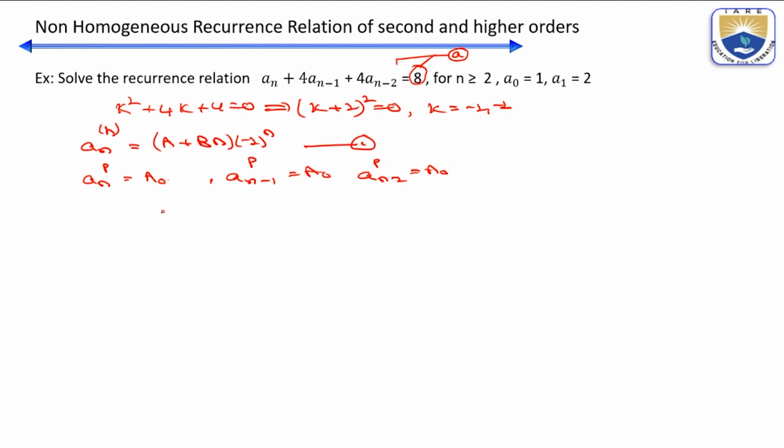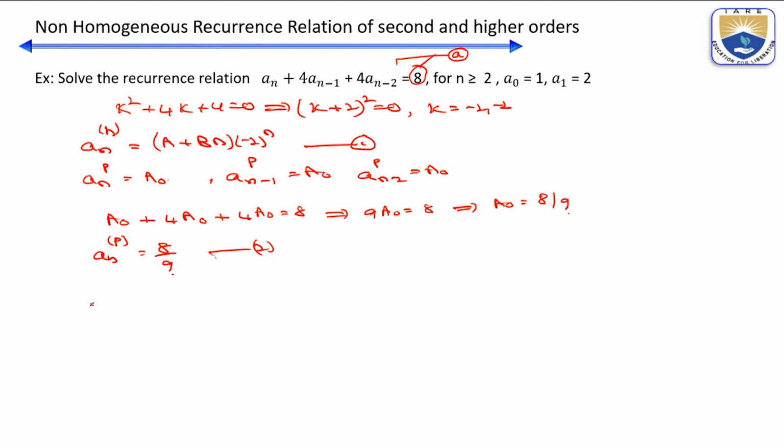Now the equation becomes a naught plus 4a naught plus 4a naught equals 8. This becomes 9a naught equals 8, so a naught equals 8 by 9. So the particular integral is a(n) power p equals 8 by 9. This is called equation 2.